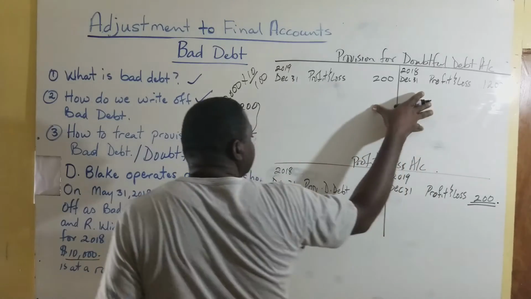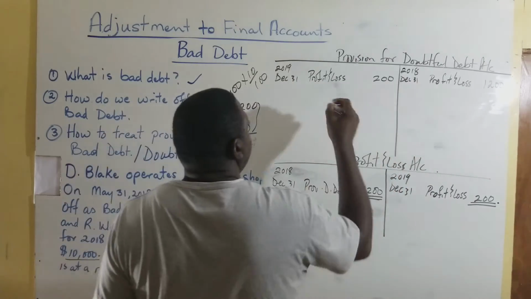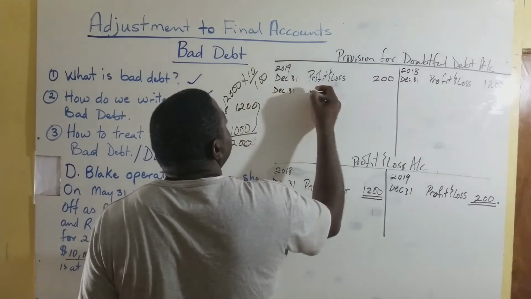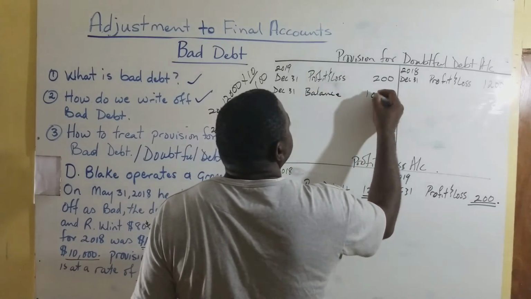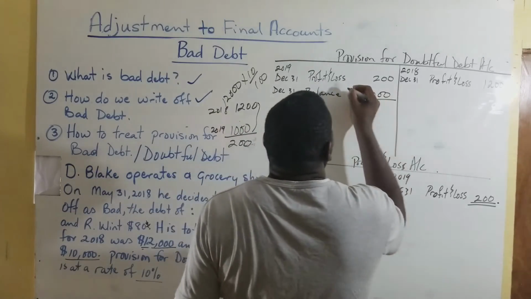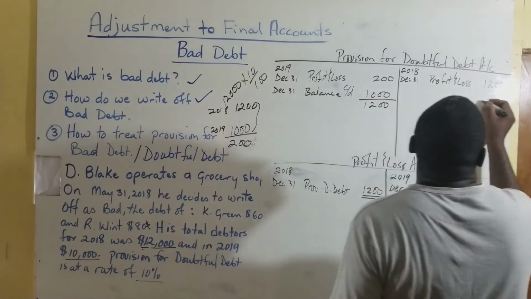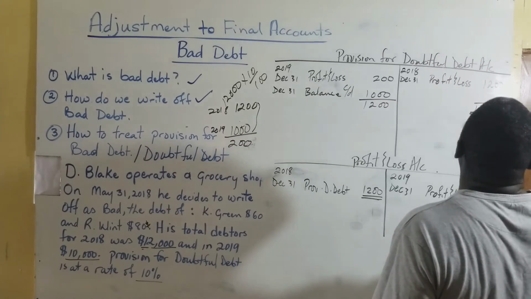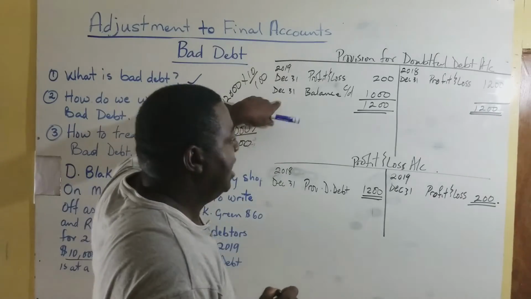What we can do in this account now, we can balance this account. We don't do this, but we do it here. So on December 31st, the balance on the account would be 1,000. Yes, balance CD. So this will be 1,200. Draw it at the same level, 1,200, double line. And you know that once you have a balance CD, you must have a BD.